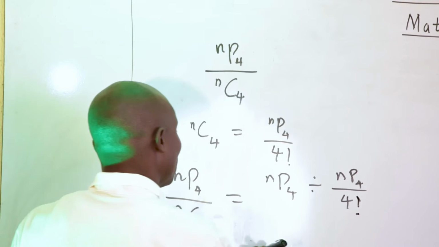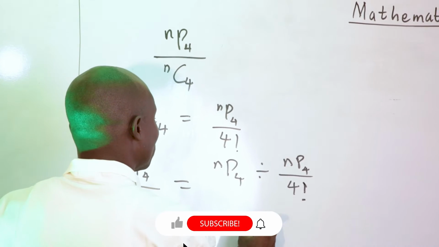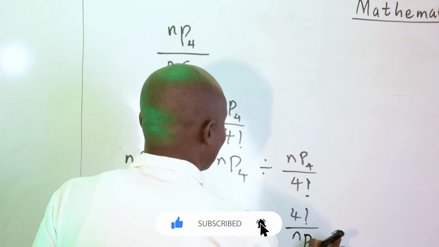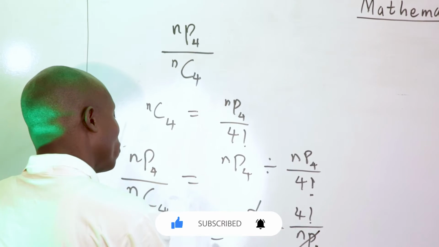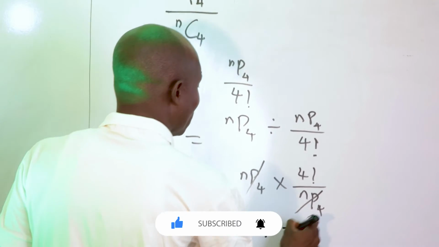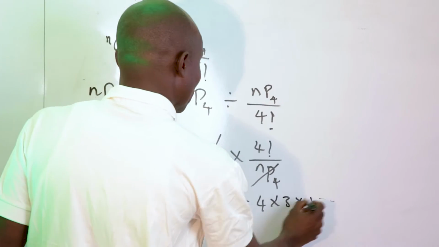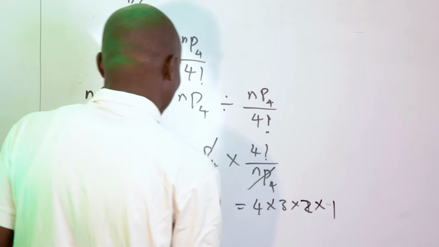With that, we have our result as nP4 multiplied by 4 factorial over nP4. nP4 cancels nP4, leaving 4 factorial, which is 4 times 3 times 2 times 1, which is 24.